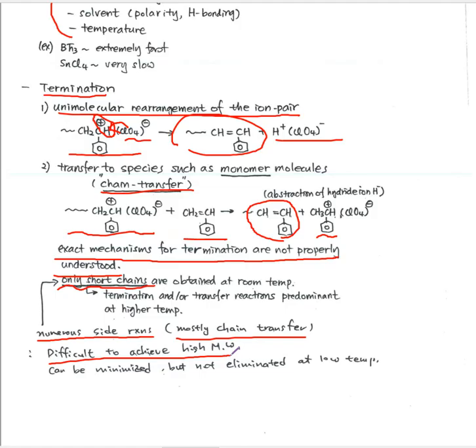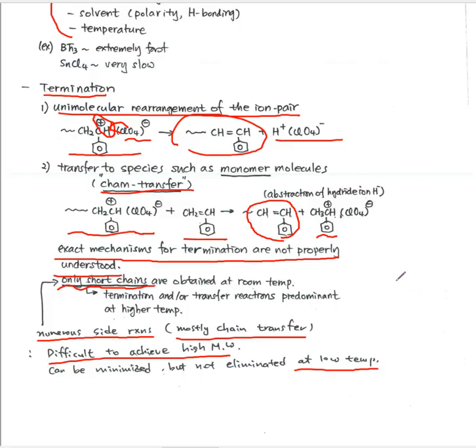If you want to achieve high molecular weight polymers using cationic polymerization, you can use low temperature, because high temperature tends to make these side reactions occur more frequently, but it's not really 100% efficient.